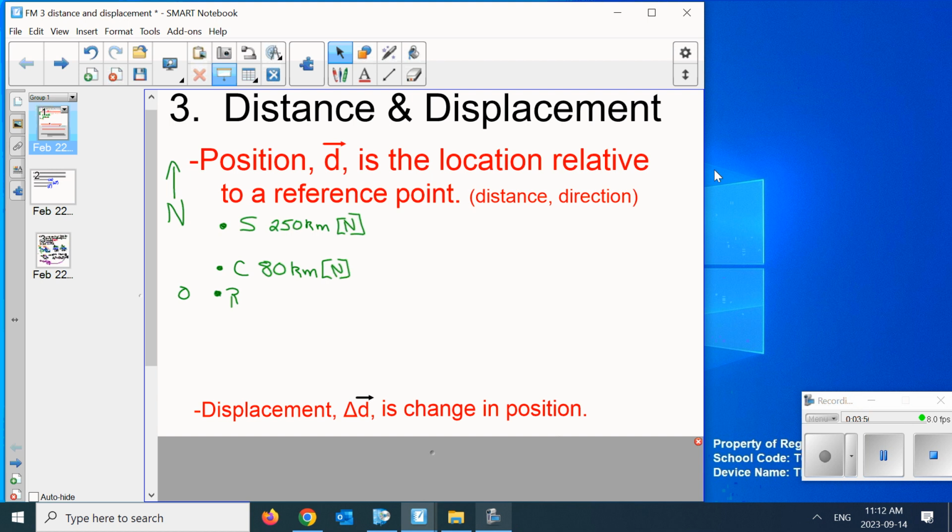I'm going to give one example from our Saskatoon, Chamberlain, Regina, and then I have another one below.